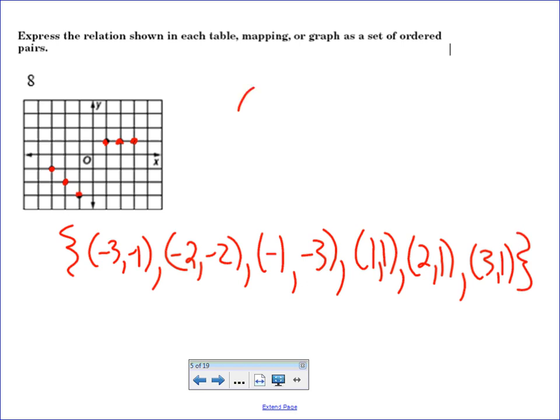Remember, when we write an ordered pair, it's always the x value, comma, the y value.